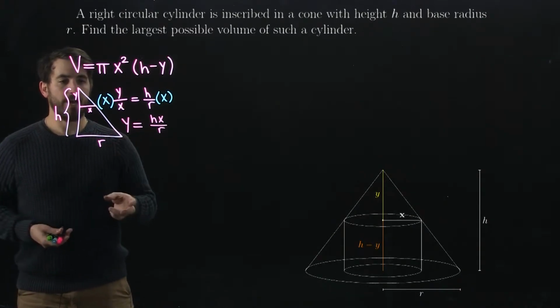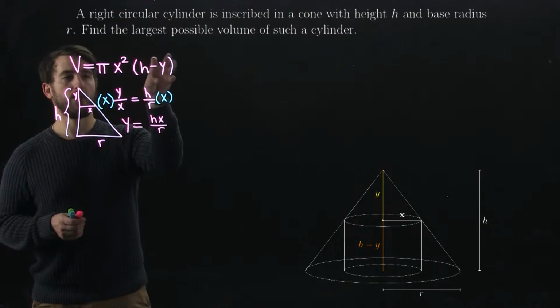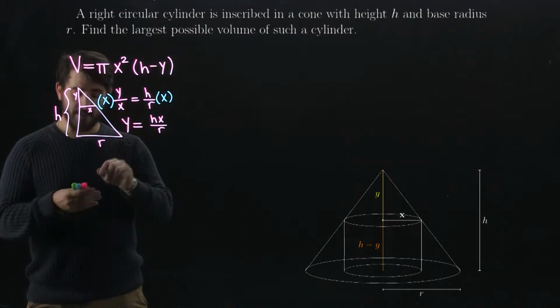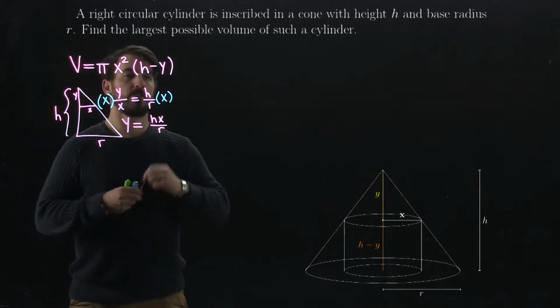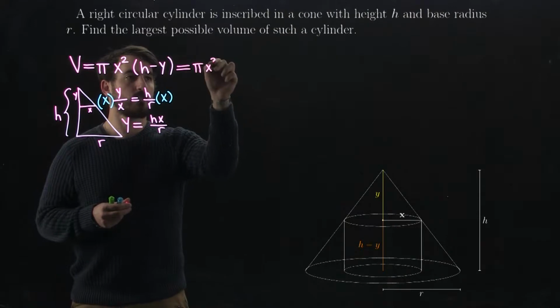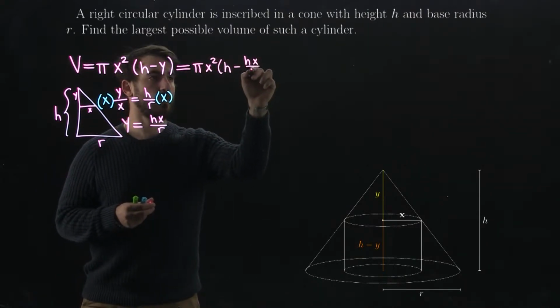And we can substitute that back into my volume equation so that everything's in terms of x. So my new volume equation is going to be pi x squared times h minus hx over r.